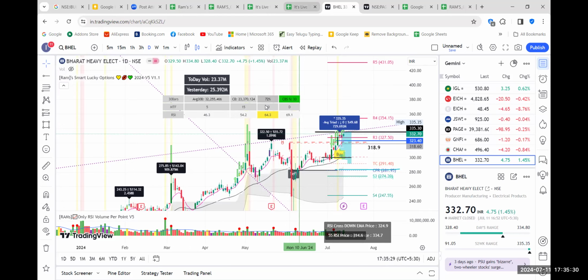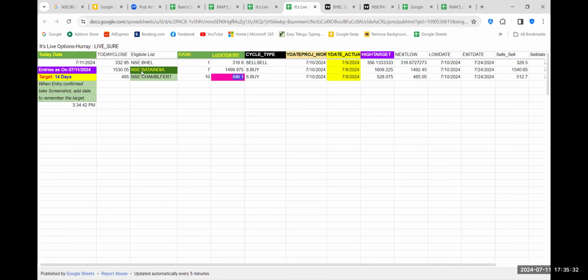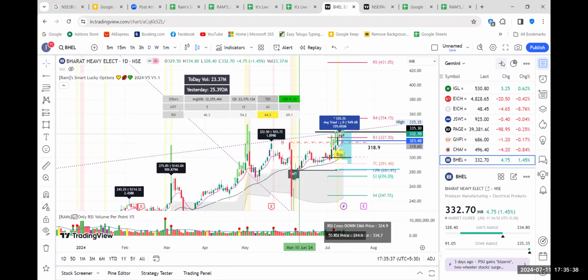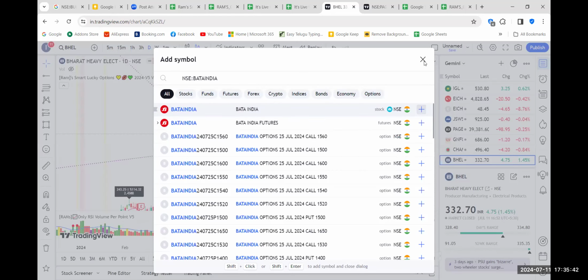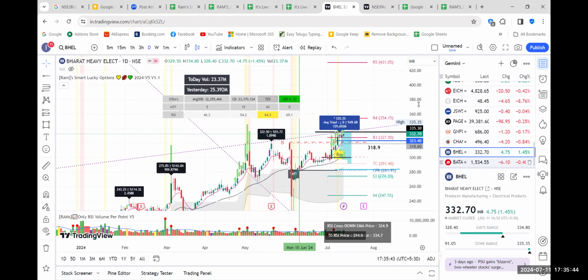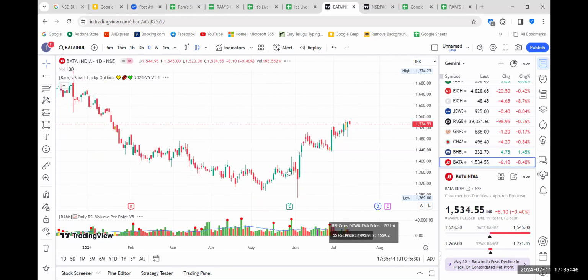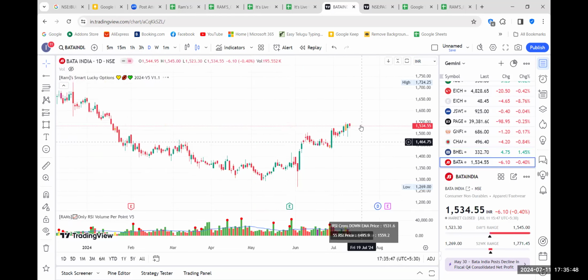And another one is Bata India, 1499.97. So this is daily.